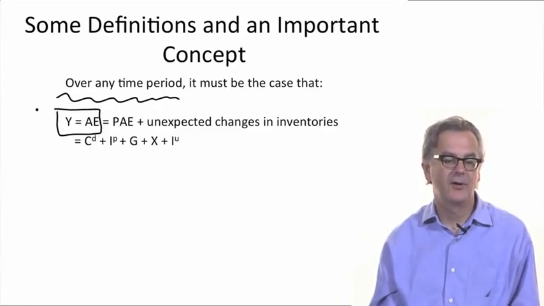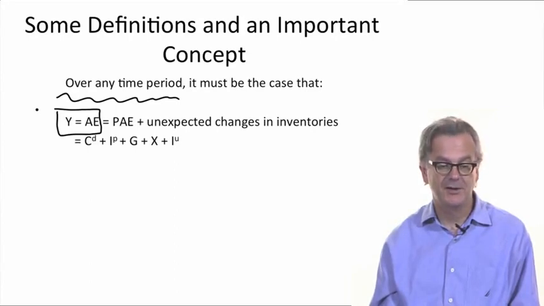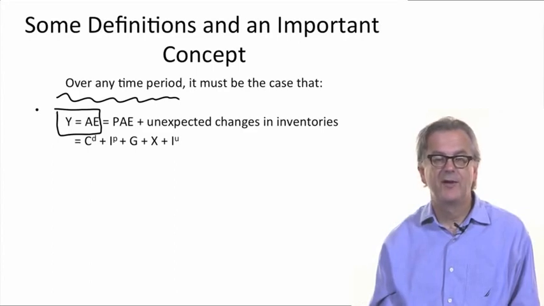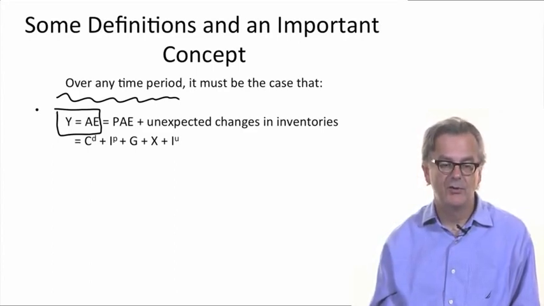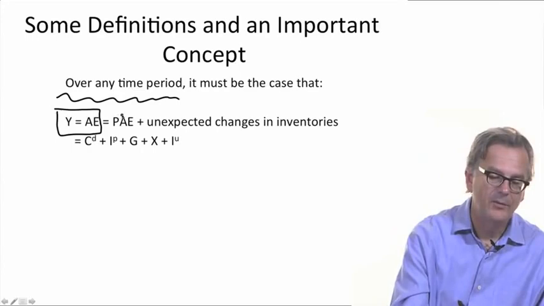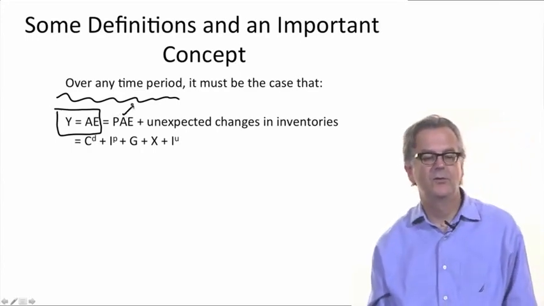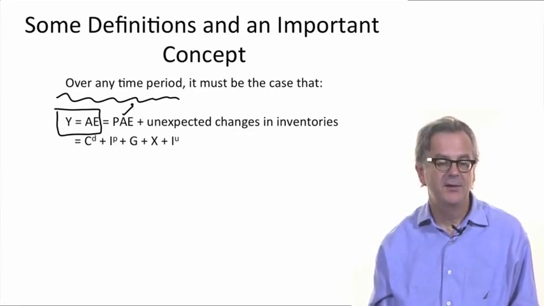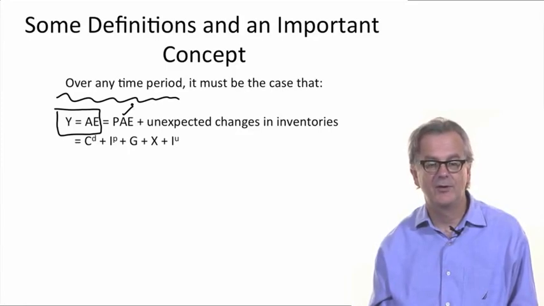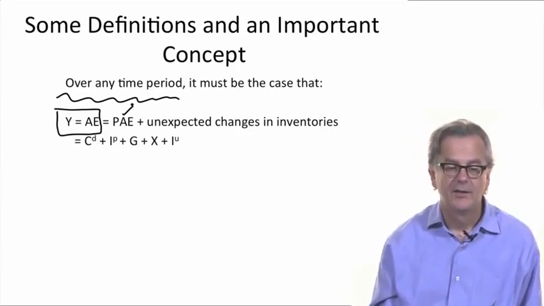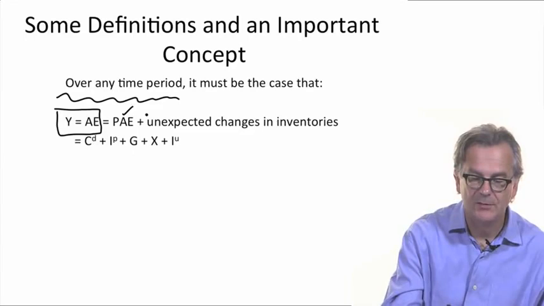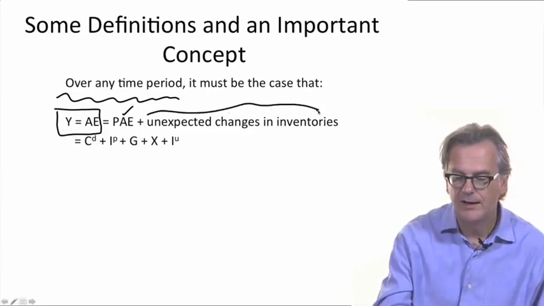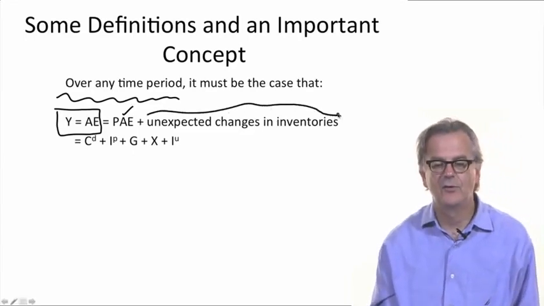We know that from the very concept of GDP itself. Actual expenditure can be divided into two components. One component relates to planned expenditure. But planned expenditure need not equal actual expenditure, as we saw on the previous slide. The difference between the two is going to be reflected in unexpected changes to inventories.